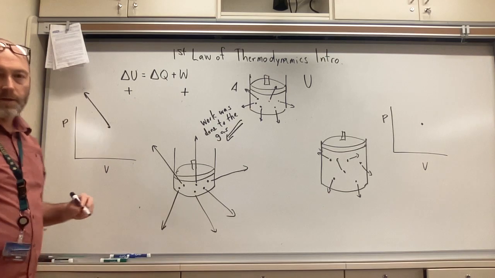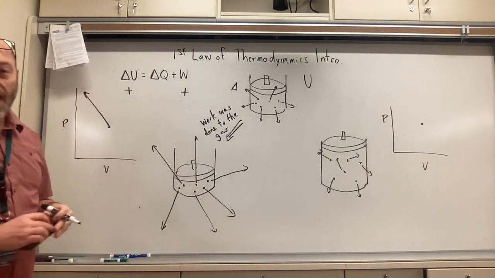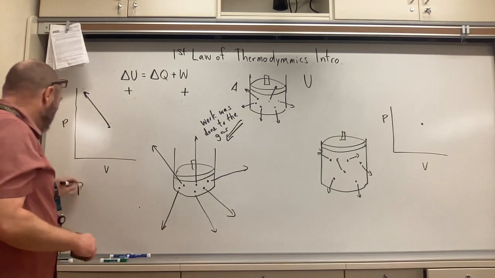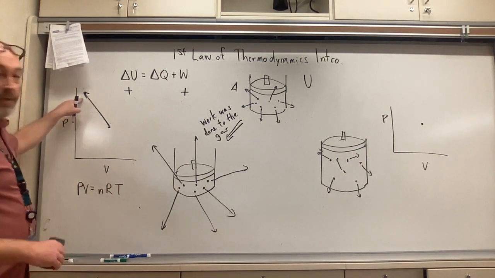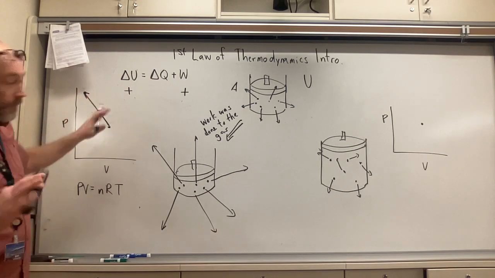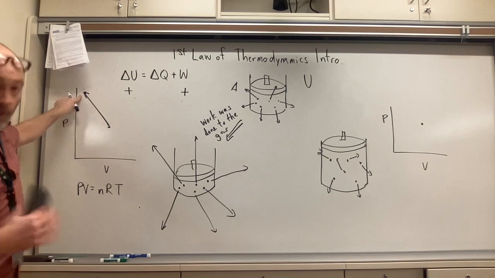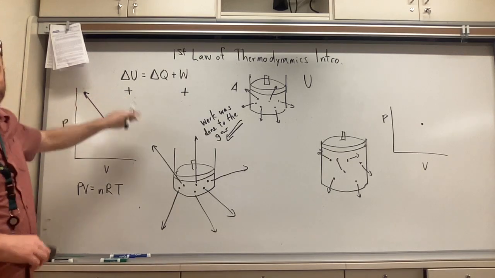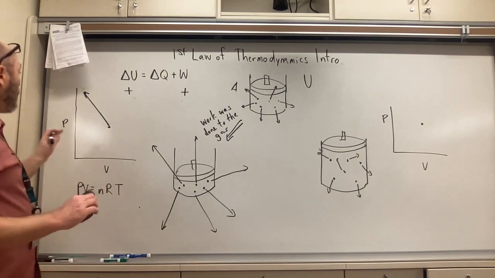We're going to say I went up to here. Well, if I go to this point, you would have to use PV equals nRT, and you would see that in this case, the temperature got bigger, which means the volume decreased, but the pressure increased more. So this one is up, and you could figure that out.